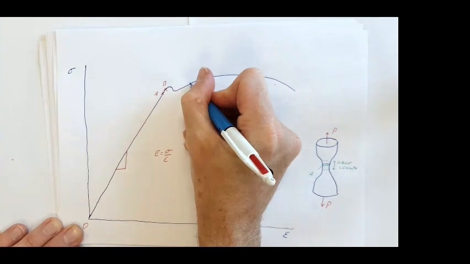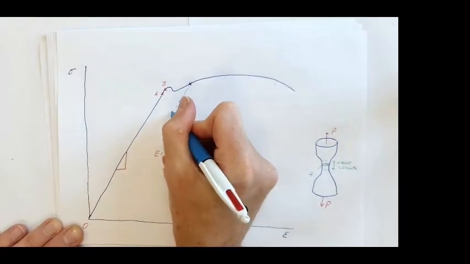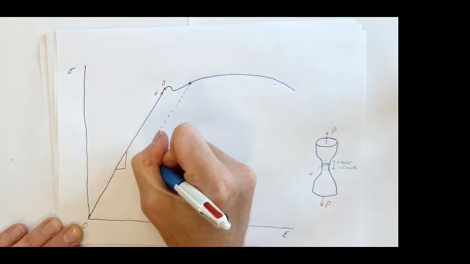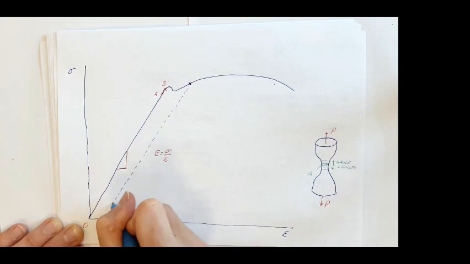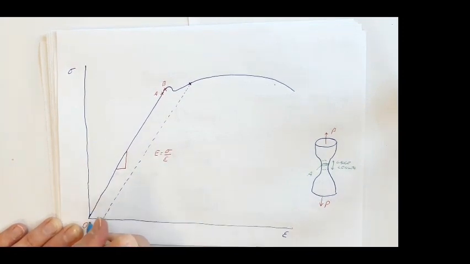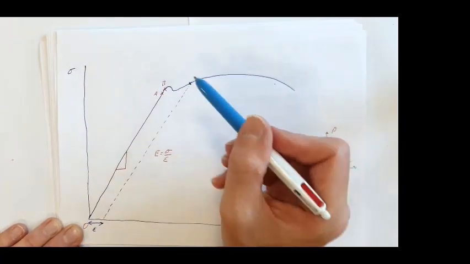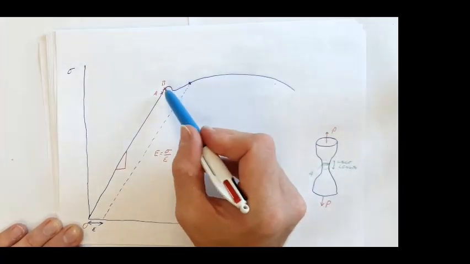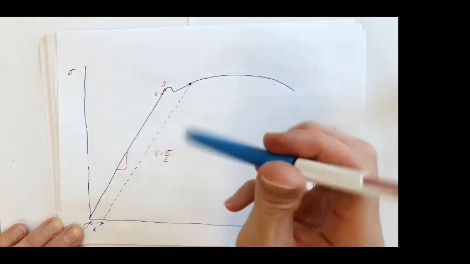Let's say we got to this point here, we remove our load, we'd go down in this straight line, and you can see we have some permanent strain, some permanent deformation. That's how much we would have strained our material. So beyond B, we've got plastic deformation, permanent deformation, permanent set.